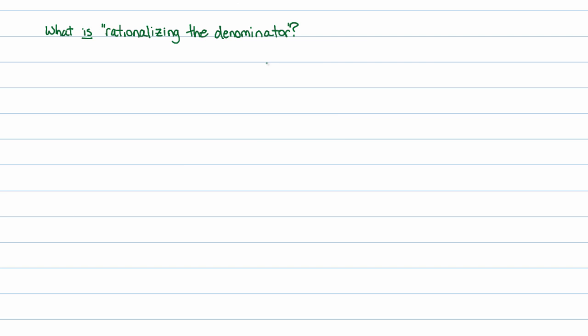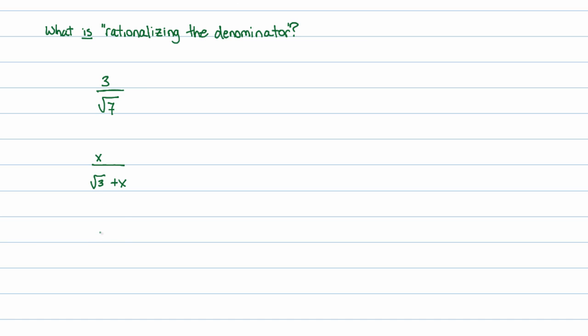First, let's start with the basic question: what is rationalizing a denominator? What does it mean when somebody asks you to rationalize a denominator? Well, it has something to do with a denominator. Specifically, you could have a fraction where you might have the square root of 7 on the bottom. Or you might have a fraction where you have x over the square root of 3 plus x.